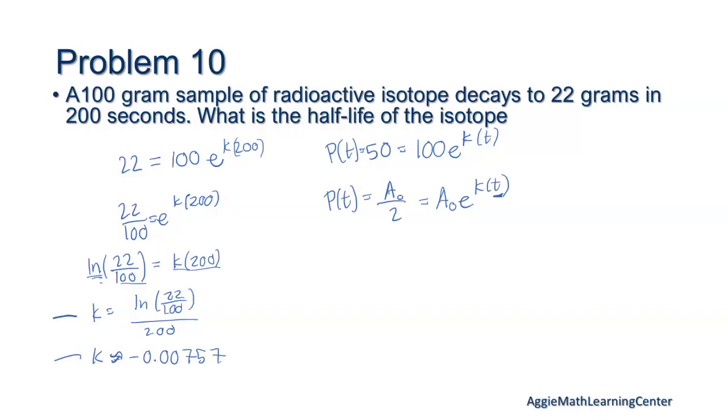Say, okay, a sub 0 divided by a sub 0 is 1. So I've got 1/2 is equal to e to the kt. Take the natural log of both sides. I know what k is, so t is equal to the natural log of 1/2 over k.